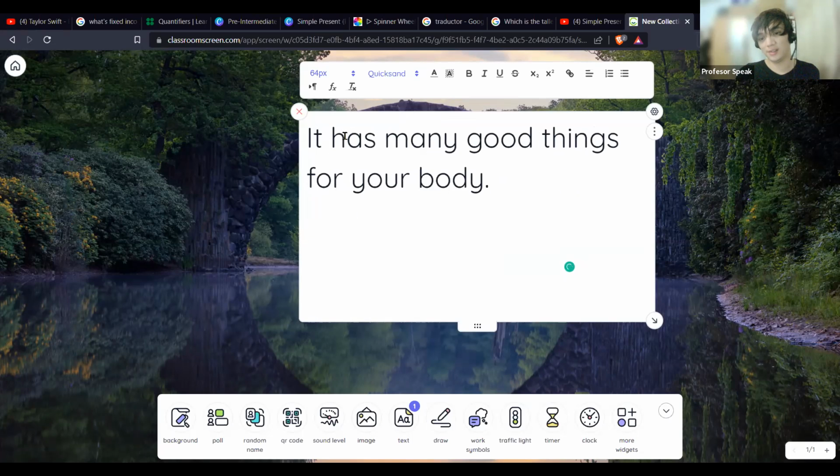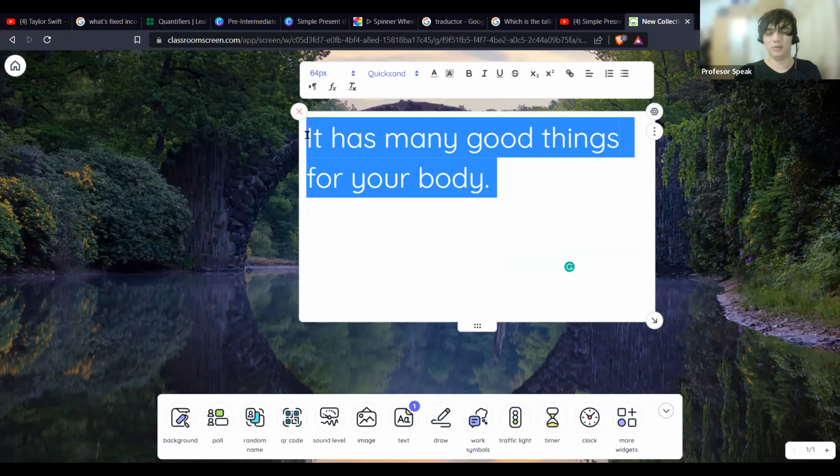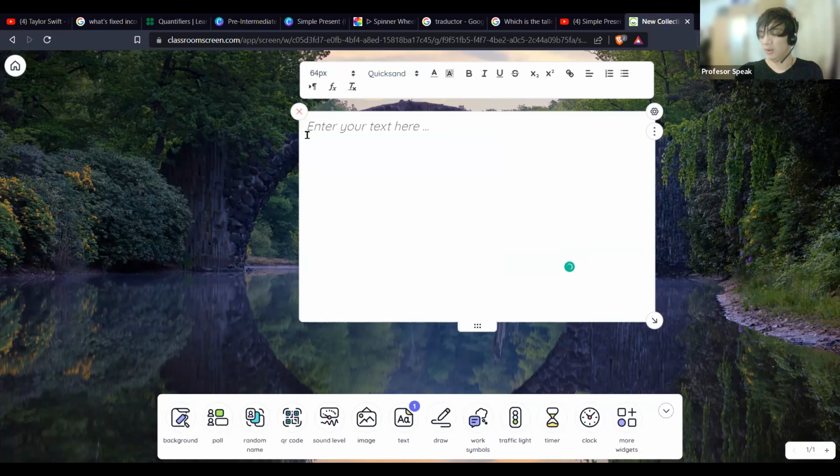It has. Another example: sugar contains many calories.